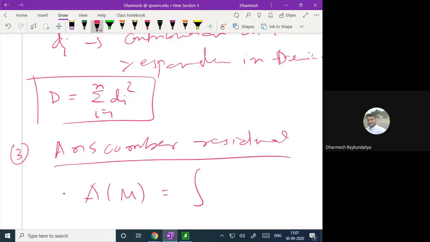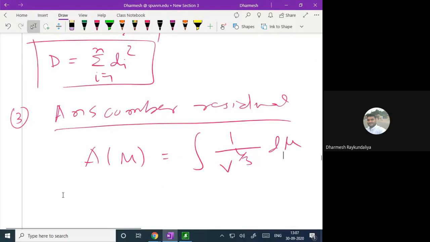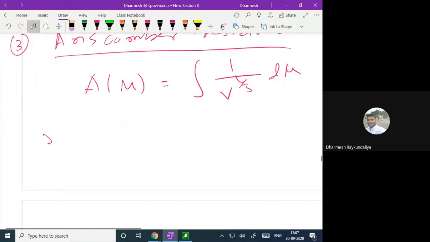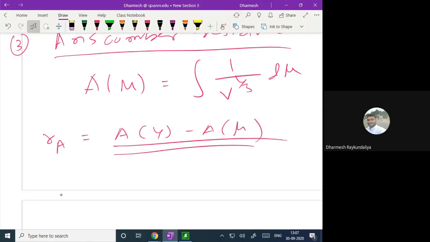You can use this transformation and obtain the Anscombe residual, which is A(y) minus A(mu) divided by the square root of the variance of A(y).